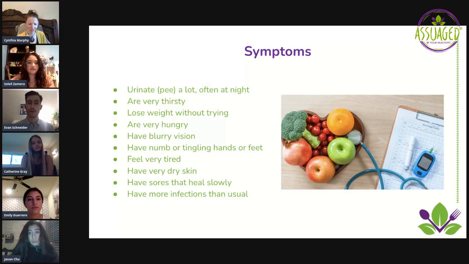Because the symptoms are hard to spot, it's important that we know the risk factors and that you visit your doctor if you have any of them. Some listed here are constantly being thirsty, losing weight without trying, having blurry vision, numb or tingling hands or feet, feeling very tired, and having sores that heal very slowly, just to name a few.